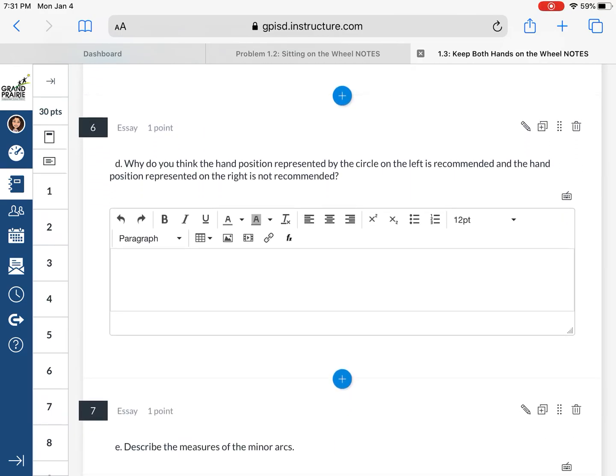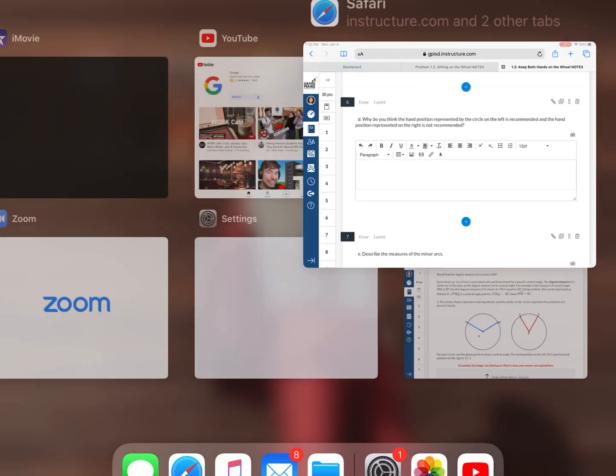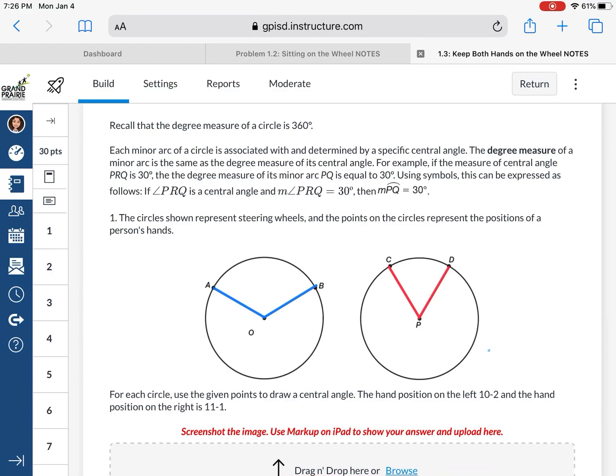Now here's a very interesting question. Why do you think the hand position represented by the circle on the left is recommended and the hand position represented on the right is not recommended? If you were driving, why would you imagine that placing your hands farther apart on the steering wheel is recommended versus closer together? There are many answers you could think of.